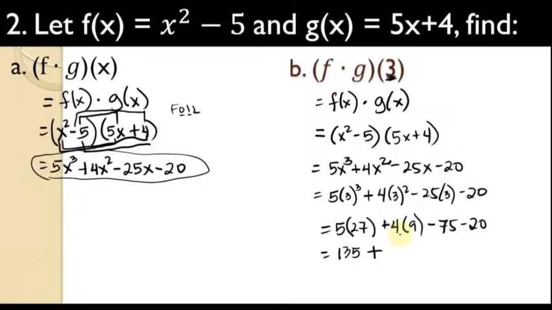So we have 9 times 4, that is 36. Then ito, negative 75 minus 20, that is negative 95, equals 135 plus 36 is 171, minus 95, the final answer is 76 when x is 3.